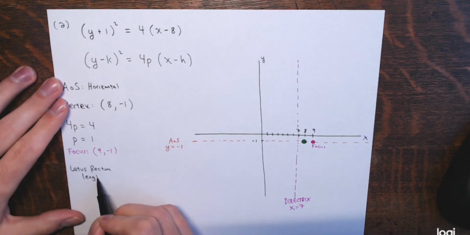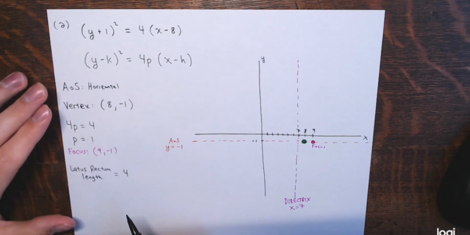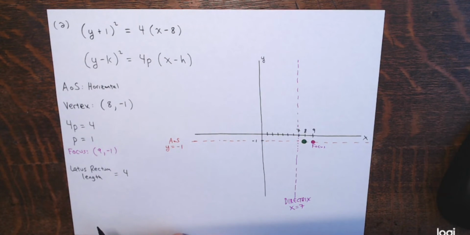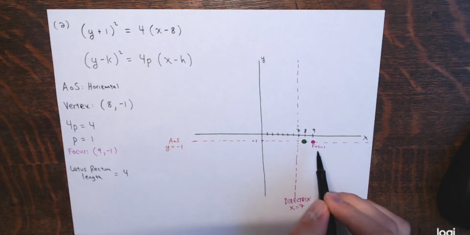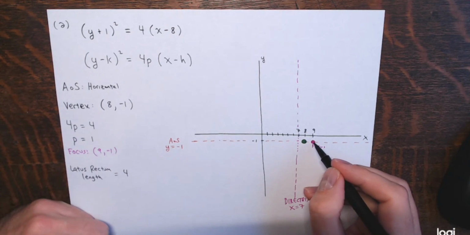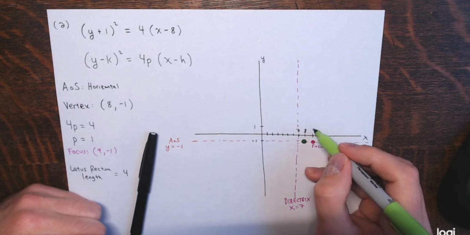the length of the whole latus rectum should be 4, whatever the absolute value of 4p is. Well, 4p is just +4 here. So I cut this in half and go vertically. So from the focus, I go up 2 units. So from 9, -1 to 9, 1.